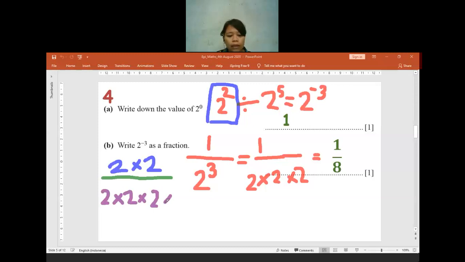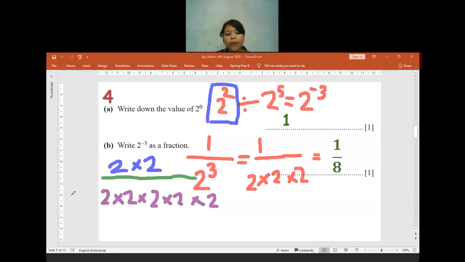Is there anyone who disagrees if I write 2 to the power of 2 divided by 2 to the power of 5 as 2 times 2 divided by 2 times 2 times 2 times 2 times 2?